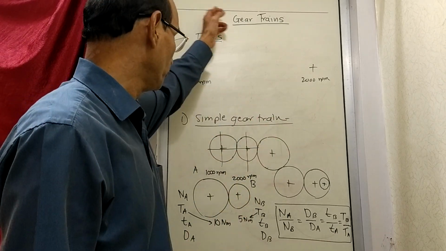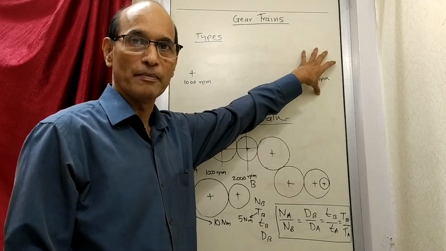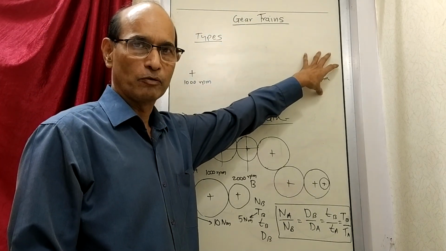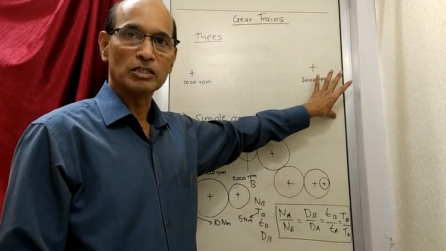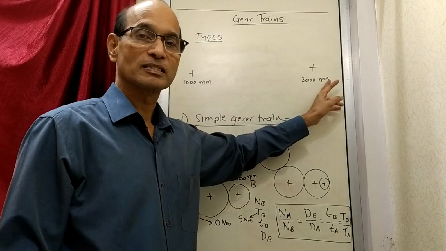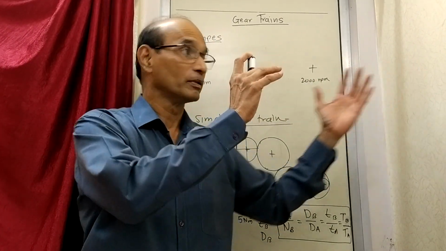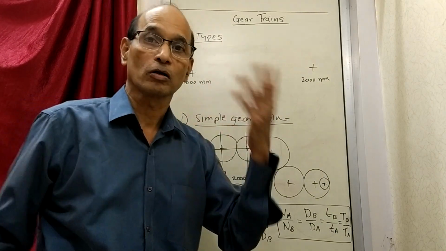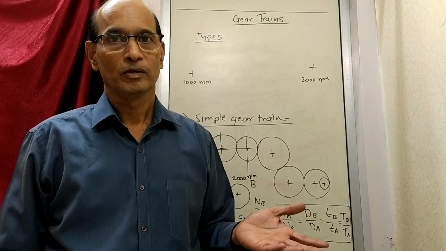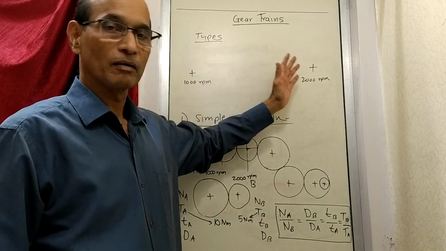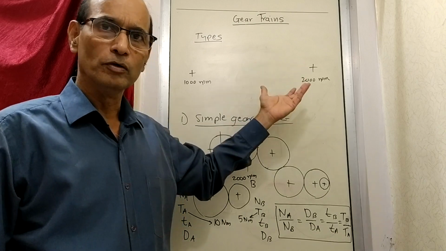So you'll fit one gear here of a larger size, and here another gear whose diameter is exactly half, and that way you achieve the same ratio and get double the speed. But because the center distance is very large, the size of the gear is going to be very large. If the gear size is very large, what will happen? It will have a lot of weight. So it may become impracticable in some cases to drive one gear by another gear if the weight is very large.